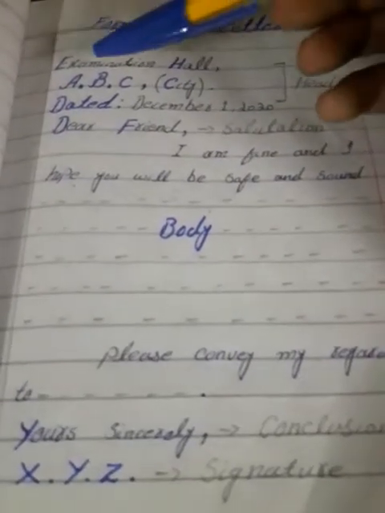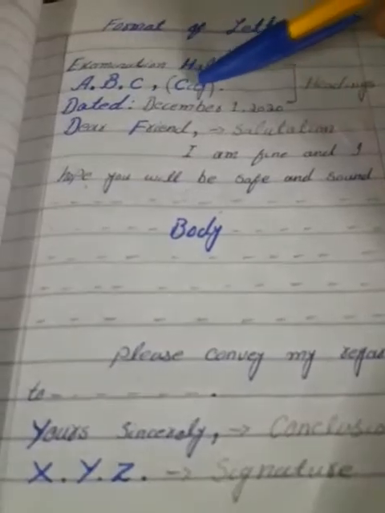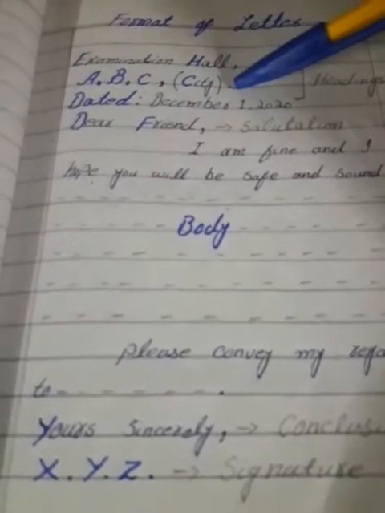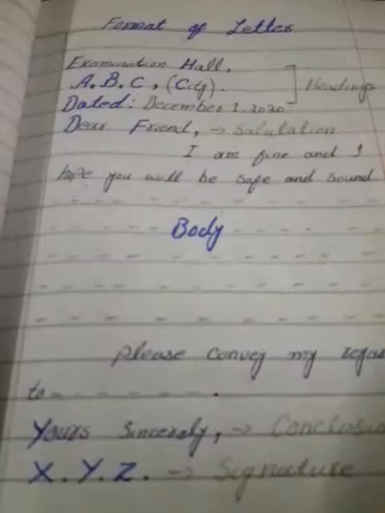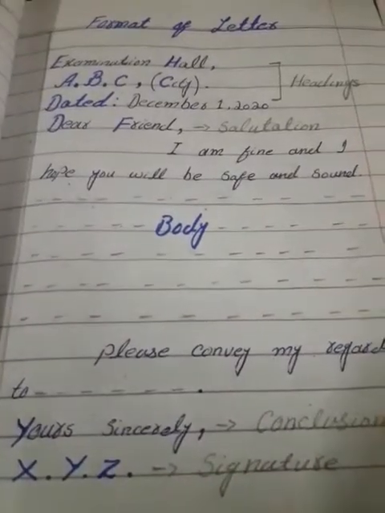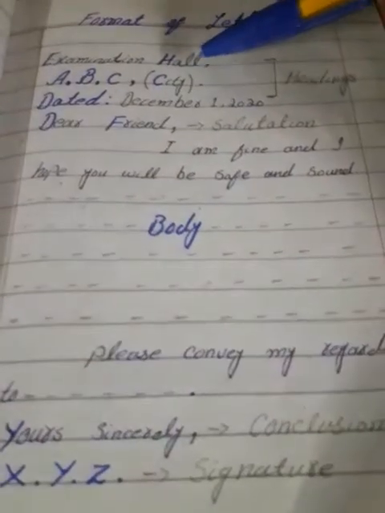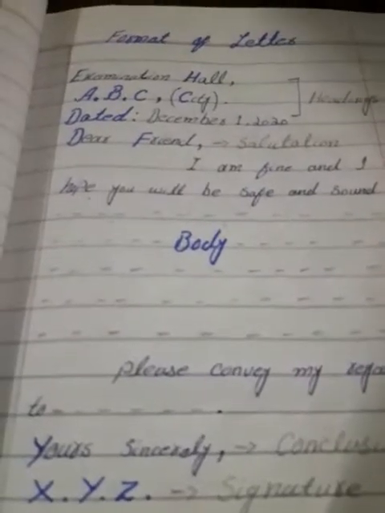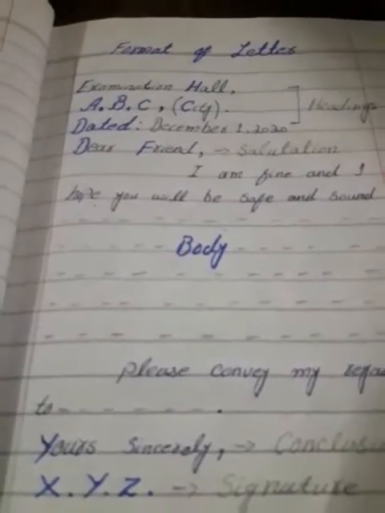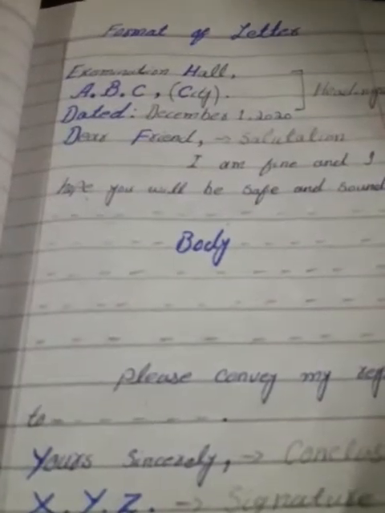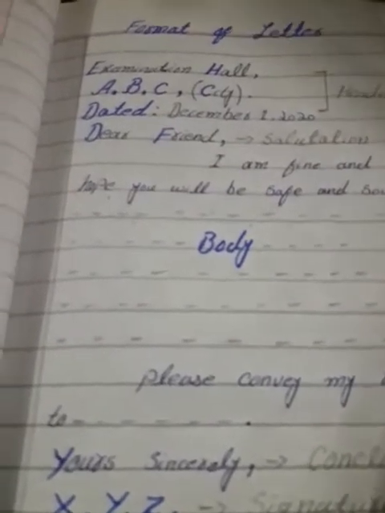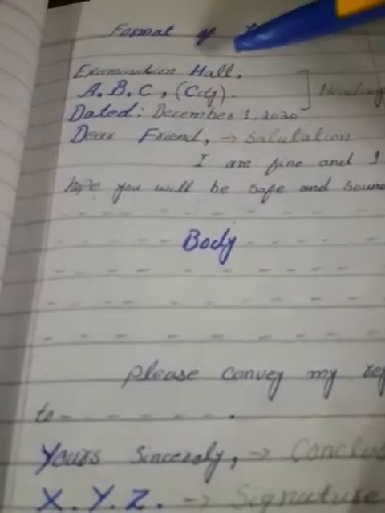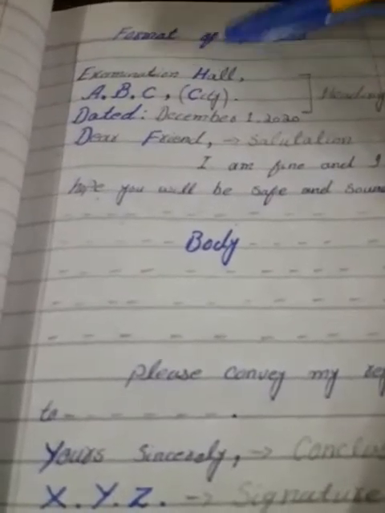Then you have to write ABC, comma, city, and then full stop. You cannot mention your city, but you have to write like this. Why? Because we are preparing you for board exams, and you cannot write your complete and correct address in the examination hall. So that's why you have to write examination hall and follow this pattern.